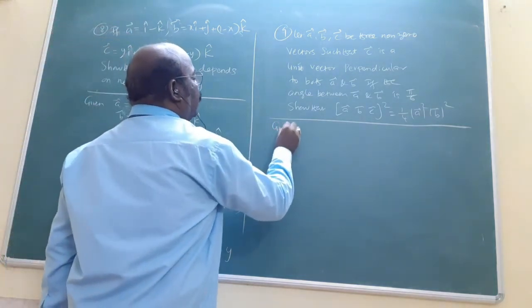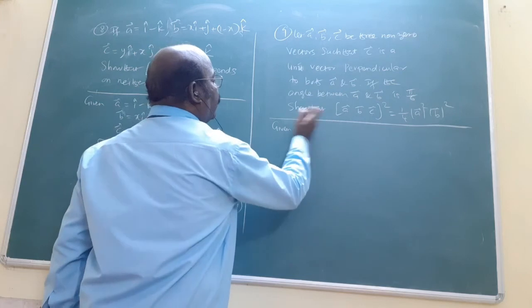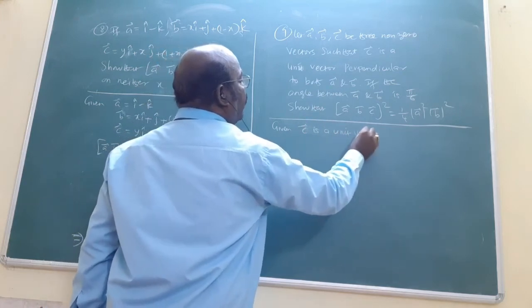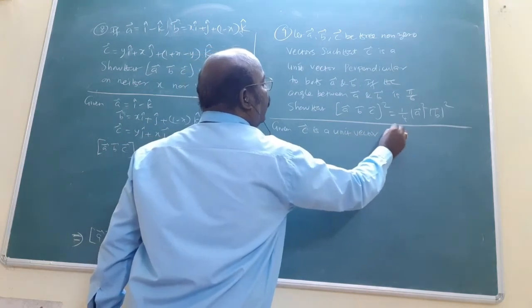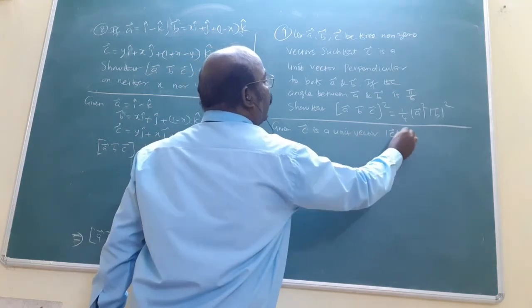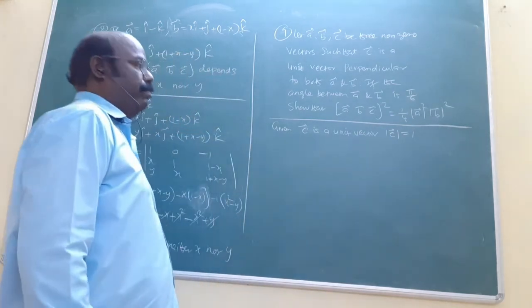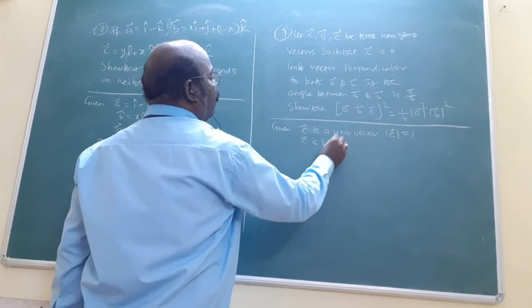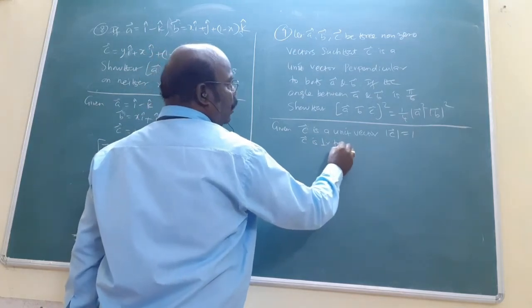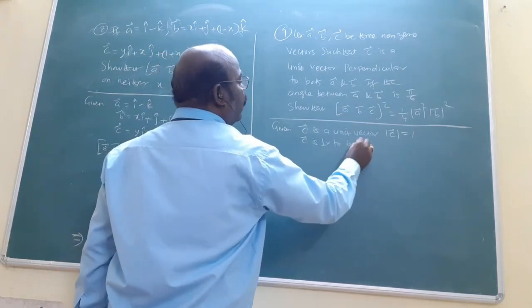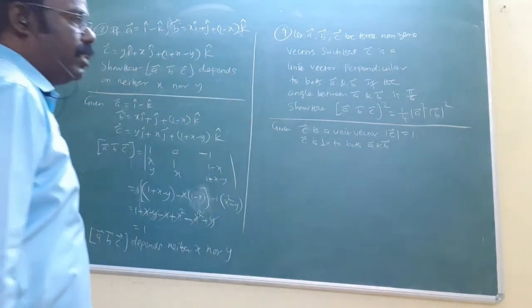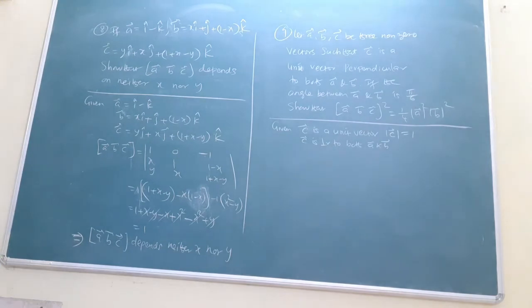Given C vector is a unit vector, its modulus is 1. Next, C vector is perpendicular to both A vector and B vector. This is also given. Understand? C vector is perpendicular to both A and B. This is also given.